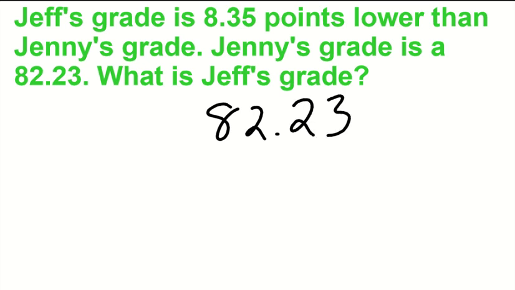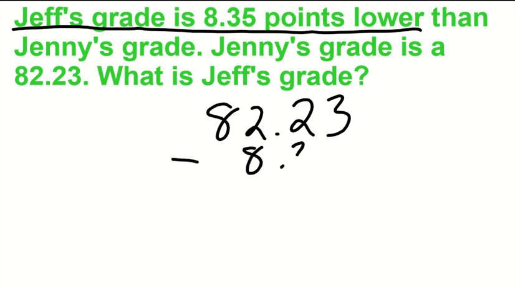So we're going to start with the grade they give us. Like I said, this one's Jenny's grade in this case. We're looking for Jeff. Is Jeff higher or lower? Lower. It says right here, Jeff's grade is lower. So that means if Jeff's grade is lower, we're going to subtract.